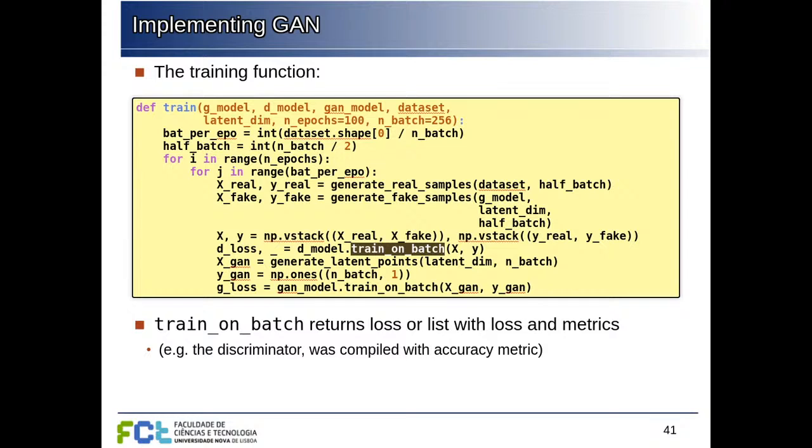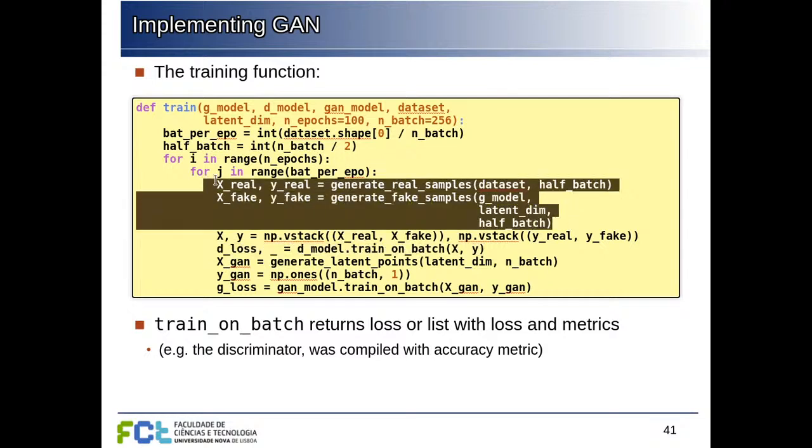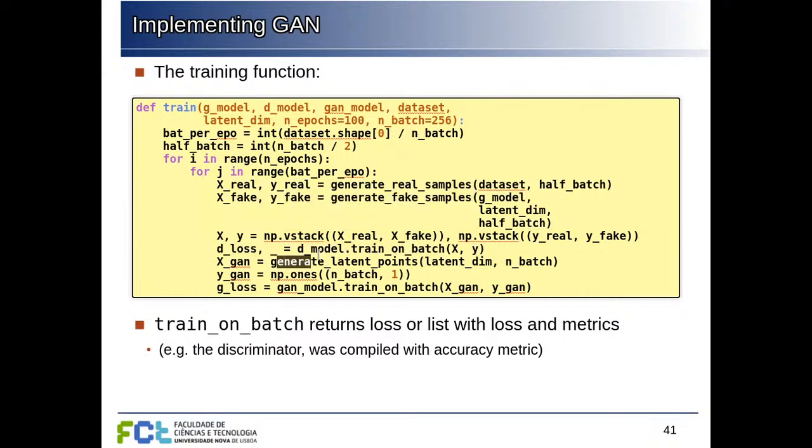But in this case, for the GAN, we need to break down the training in single batches because we need to train the discriminator and the generator alternatingly. So in this case, we're going to train the discriminator on a single batch, and this batch is composed of real and fake images. And so it's going to learn a bit how to tell them apart.